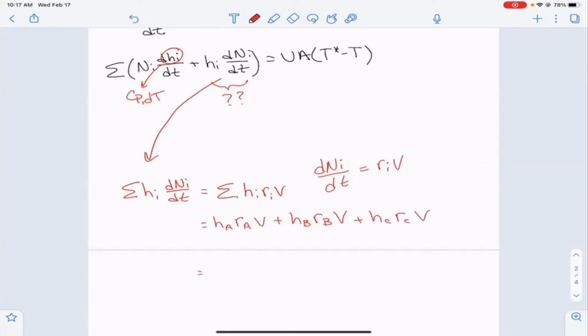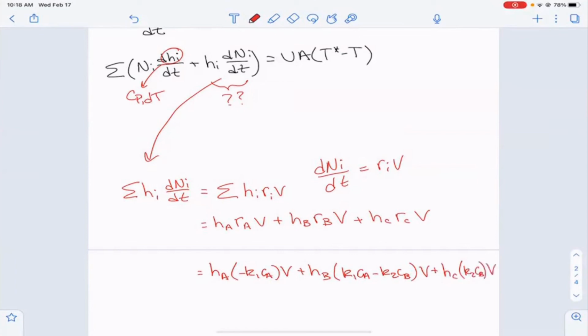So then let's just plug in our rate laws. That becomes HA times minus K1 CA times the volume, plus the enthalpy of B times K1 CA minus K2 CB times the volume, then plus HC times K2 CB times the volume.